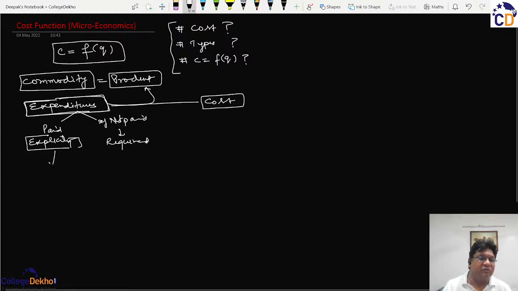Therefore, because we have stressed that whether they are paid or not, those costs which are being expressly paid are known as explicit costs, and those which are not expressly paid but are the prerequisite to bring the product into existence are known as the implicit costs.